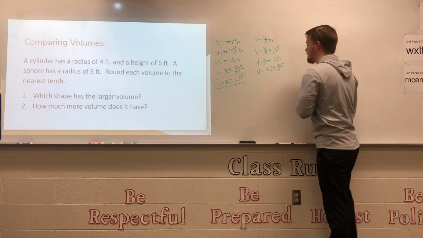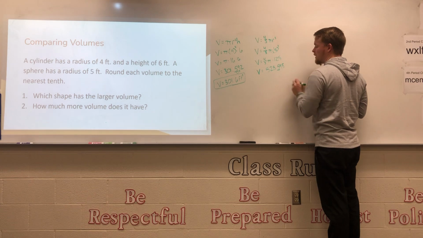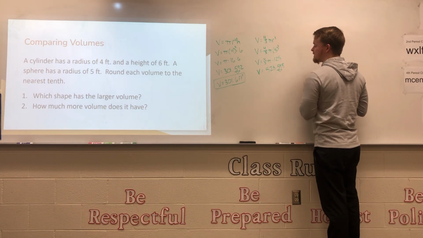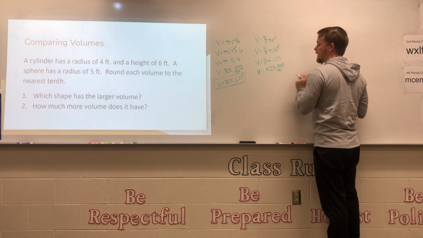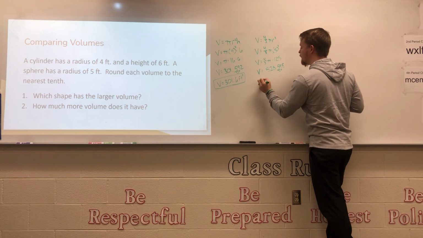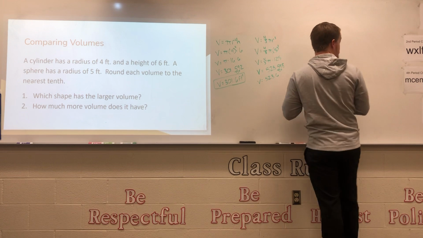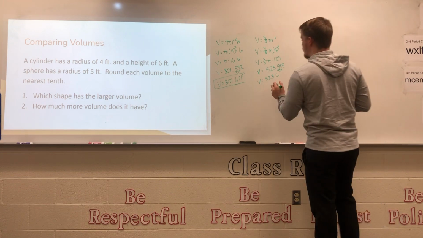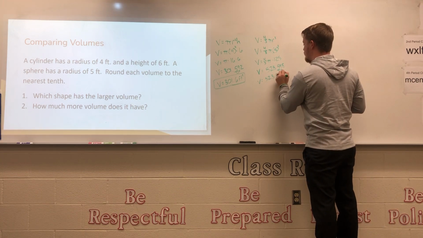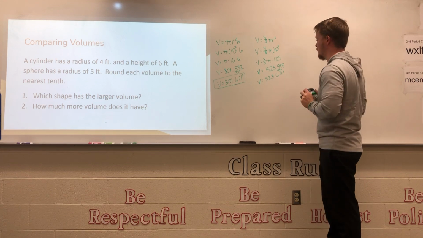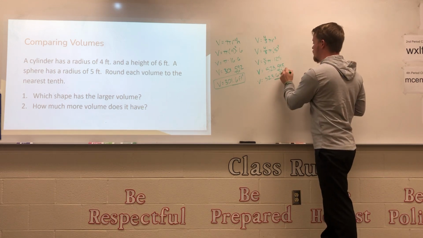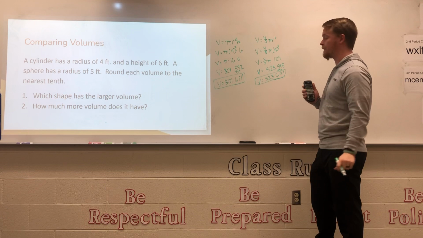So the tenth spot is this 5, the one right behind the decimal point. And look at the number behind it, it's 9. 9 tells me to round up. So my final volume is 523.6 feet cubed. Okay? So there's my final volume for that.